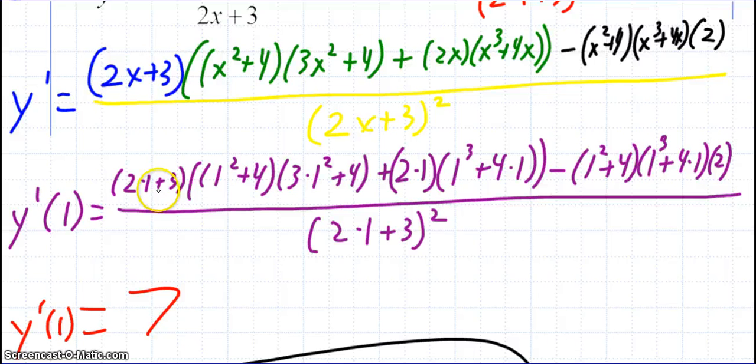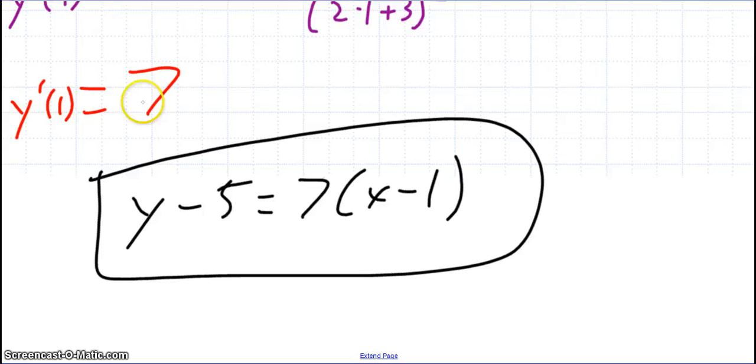So now I can substitute in the 1 for x, so I'm finding y prime of 1 to find the slope. These are all fairly simple calculations, and I end up with y prime of 1 equals 7. So that's how I got y minus 5 equals 7 times the quantity x minus 1.